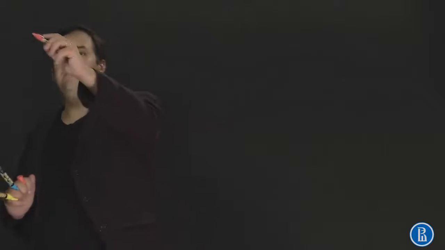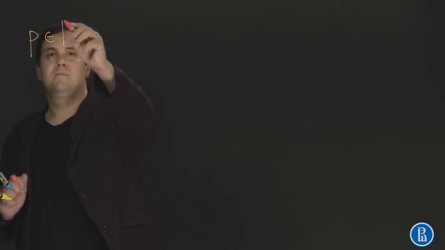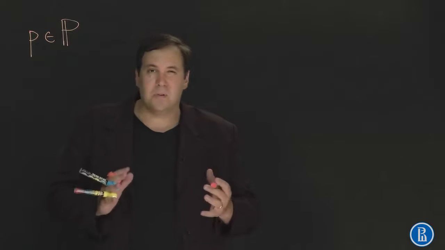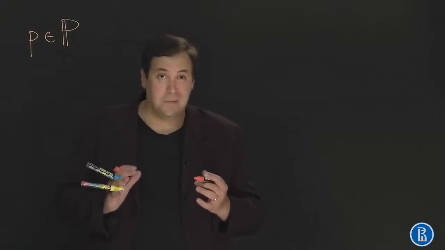Dear friends, in this short video, I will simply emphasize and remind you of some well-known properties of polynomials modulo a prime number. So let's start from a prime number, p. And what is a polynomial modulo a prime number?